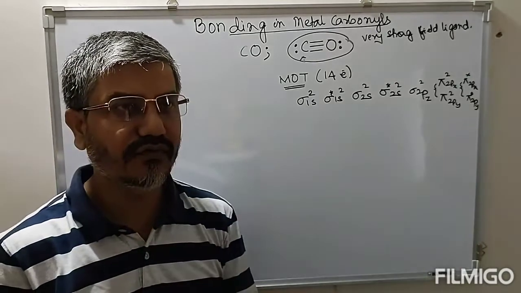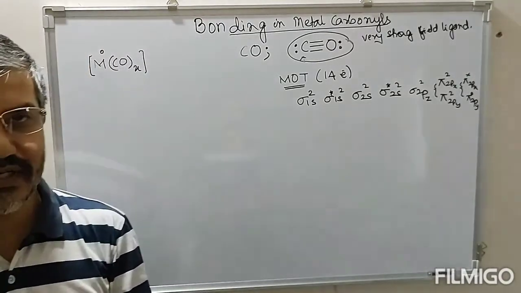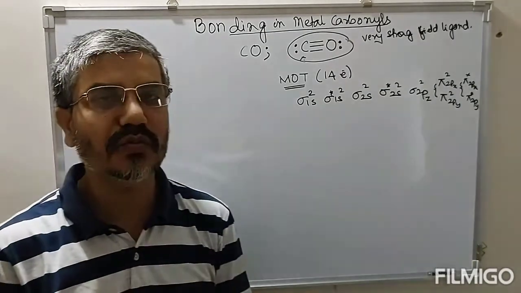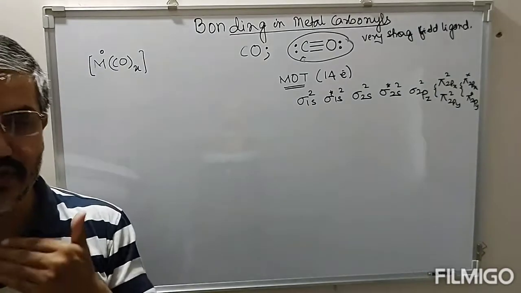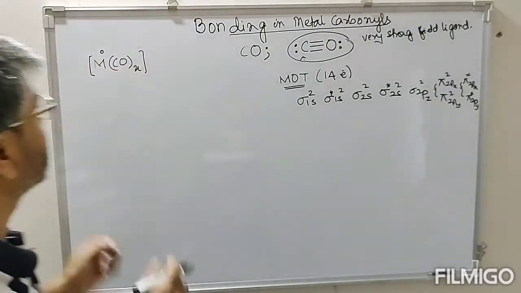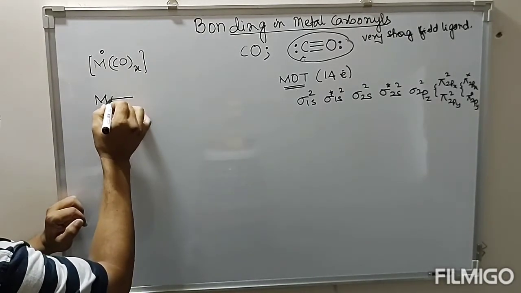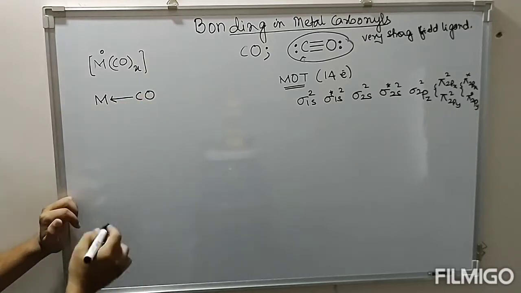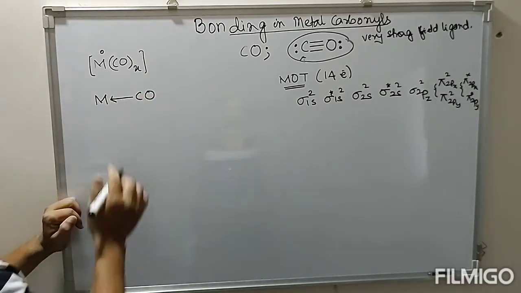This overlapping forms a sigma bond between the metal and carbon monoxide.